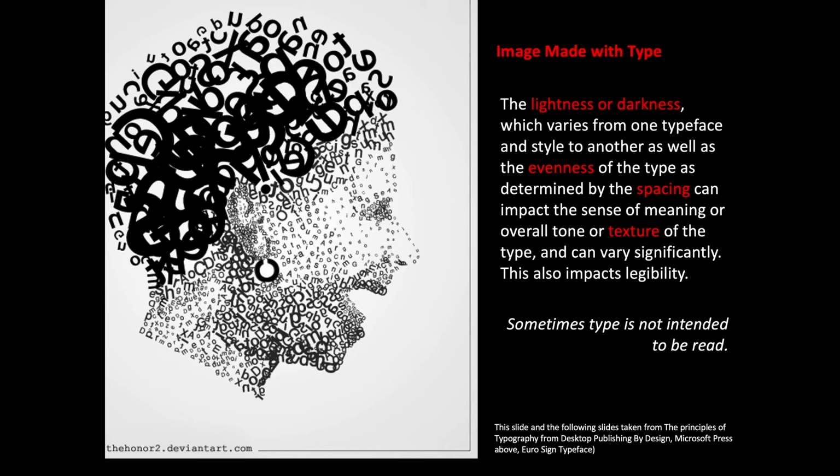We can also use those type forms not just as drawing shapes, but we can use them almost like paint to create value. So here you see this artist, although they weren't interested in letting us really read words here, they were more interested in changing the size and distribution of the letters in order to create a sense of value and build up this picture of the woman's face.